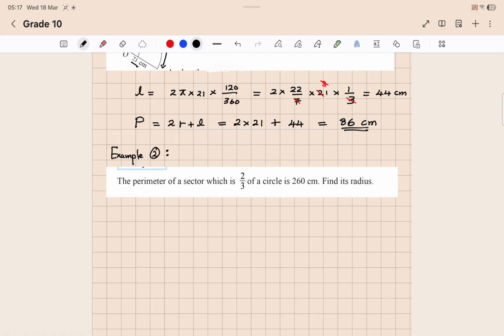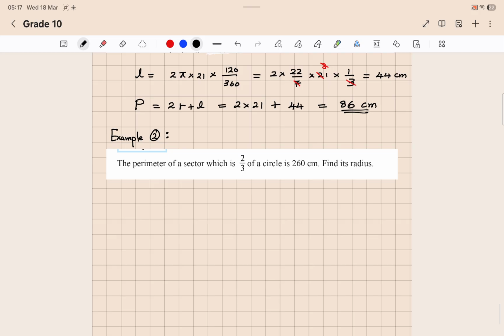Let's look at this example. Perimeter of a sector which is 2/3 of a circle is 260 centimeters. Find its radius, right? 2/3 of a circle, perimeter is given. So what do we know?